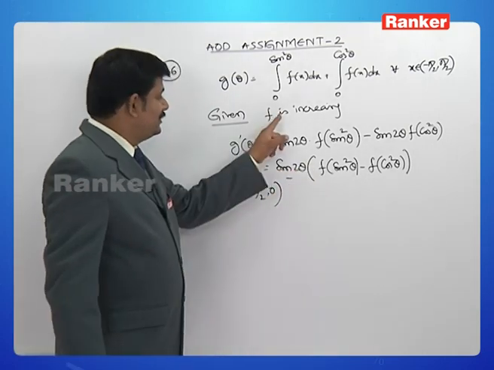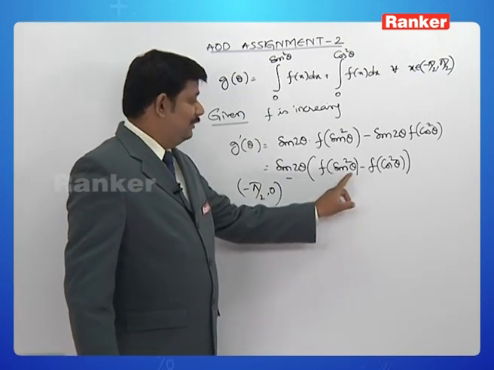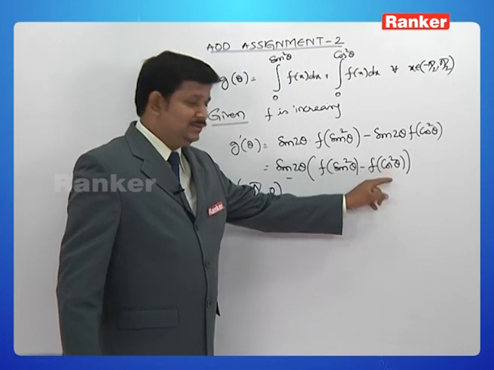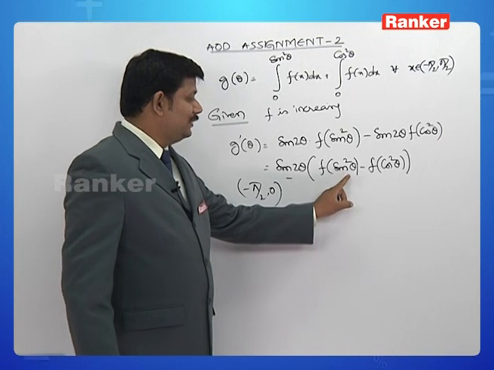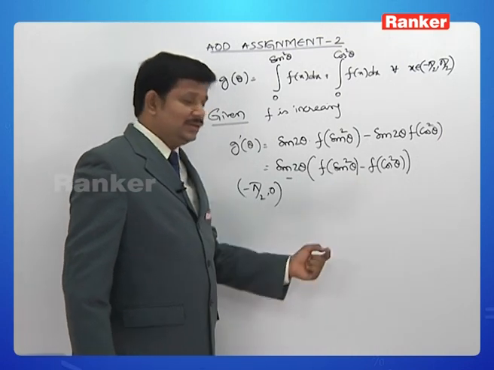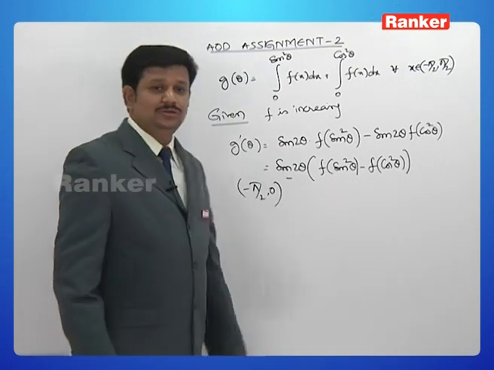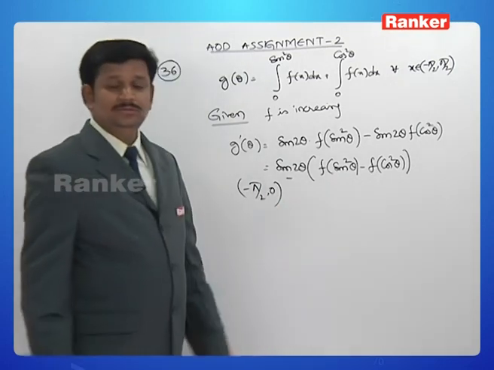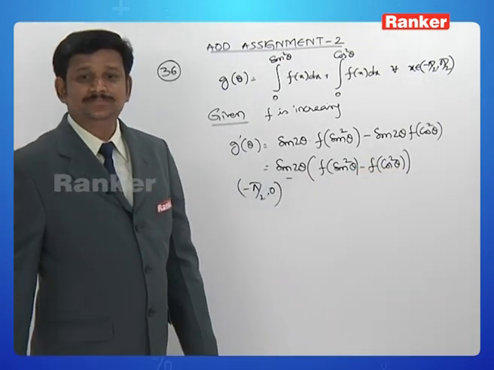Now f is an increasing function, so f of sin square theta will be greater than f of cos square theta if sin square theta is greater than cos square theta, and f of sin square theta will be less than f of cos square theta if sin square theta is less than cos square theta. So in minus pi by 2 to 0, tell me whether sin square theta is greater or cos square theta is greater.